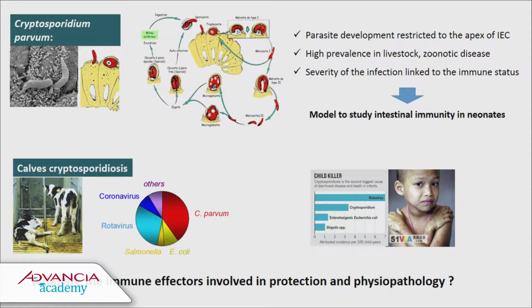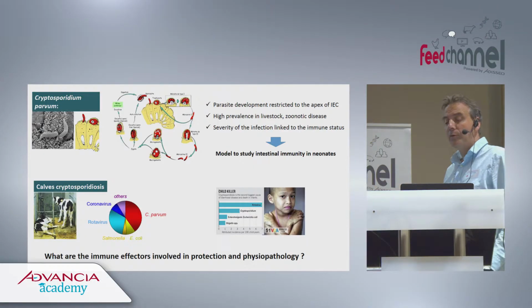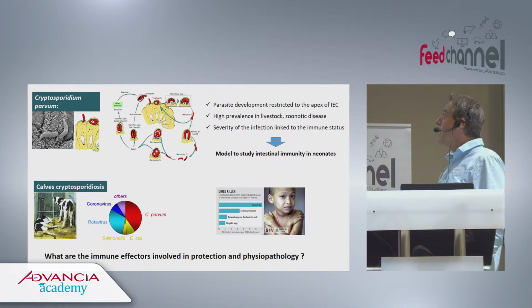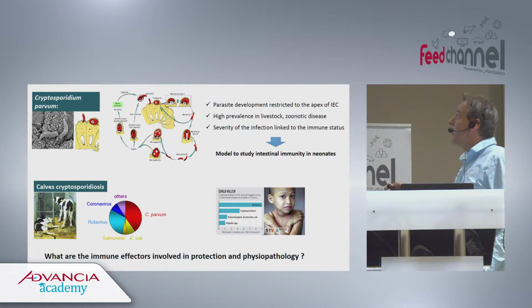A few words about Cryptosporidium, because I know many of the people here are interested in poultry, so maybe you don't know the parasite. It's a single cell parasite that just grows on top of epithelial cells, and it makes its whole cycle in 3 to 4 days. It's really restricted to the apex of epithelial cells, and there's a high prevalence in the livestock.